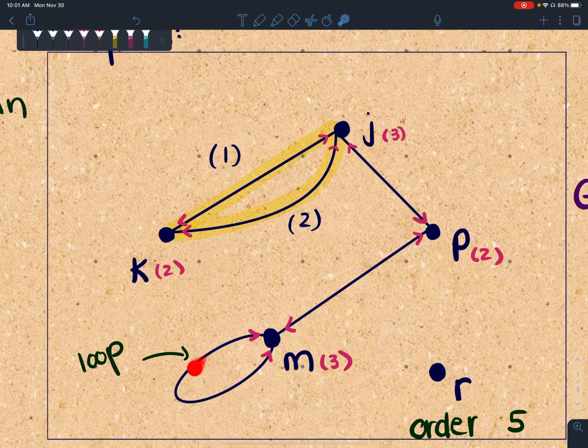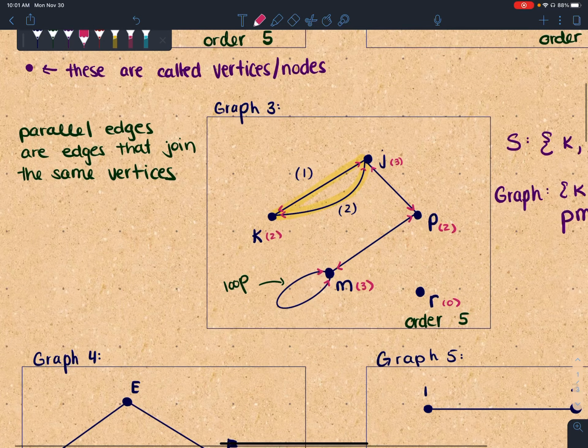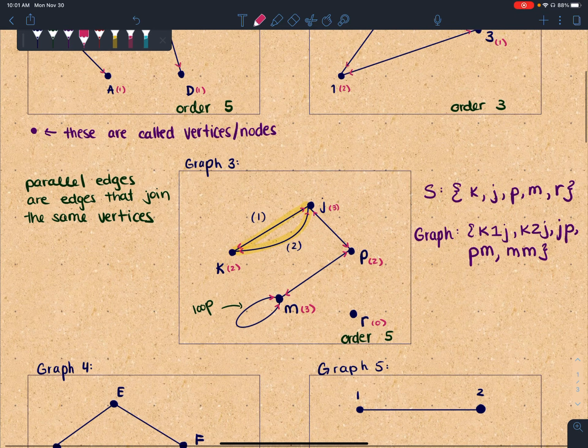So a loop will always count for a degree 2. And then R has no edges, so it has a degree of 0. So that's our order. Those are our degrees. And then we looked at our parallel lines and we looked at our loop.